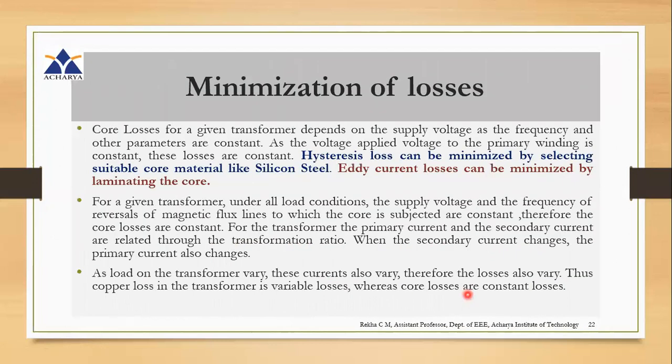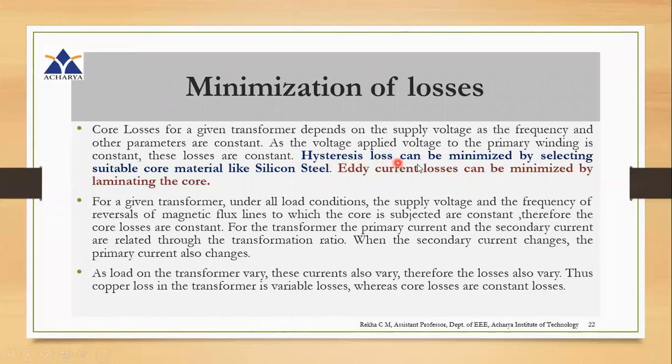So how to minimize these losses? Core losses for a given transformer depend on the supply voltage, as the frequency and other parameters are constant. As the voltage applied to the primary winding is constant, these losses are also constant.